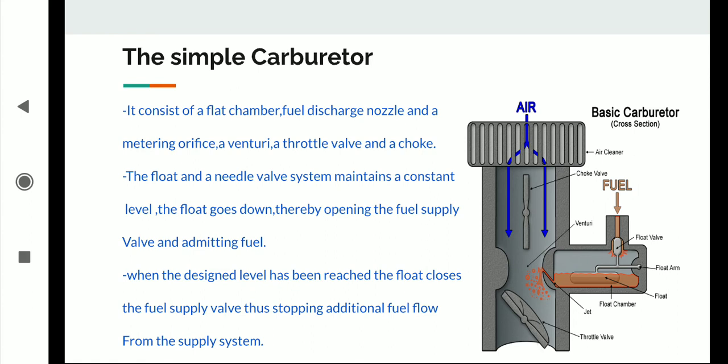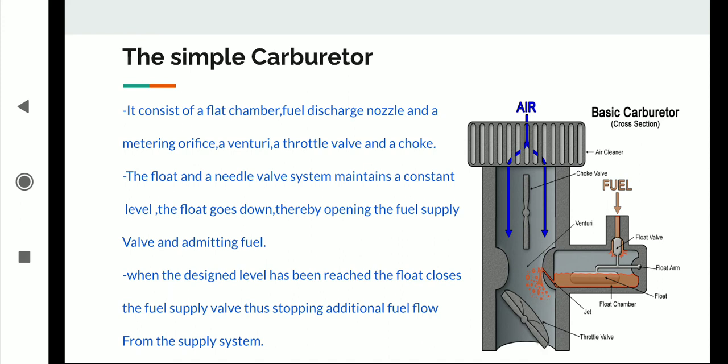Here is the simple mechanism of a carburetor. A carburetor consists of a float chamber, fuel discharge nozzle, metering orifice, venturi, a throttle valve, and a choke.